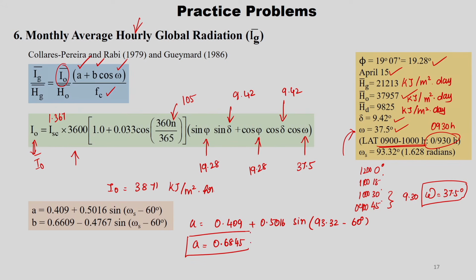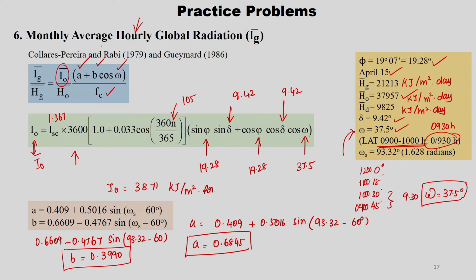Calculating B in the same way, 0.6609 minus 0.4767 sin(omega s minus 60), B comes around 0.3990.